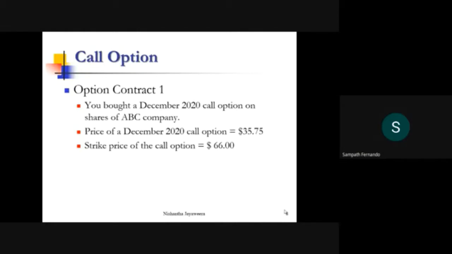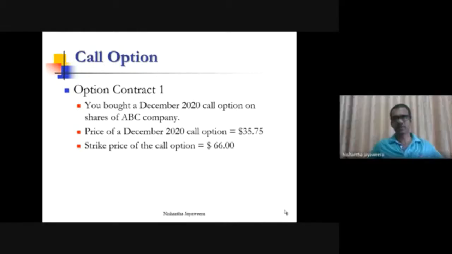The other thing is, what are dual currency bonds? Dual currency bonds include two currencies. Say we issue a bond in dollars, but the coupon payments are made in some other currency. Two currencies are involved in a particular bond.